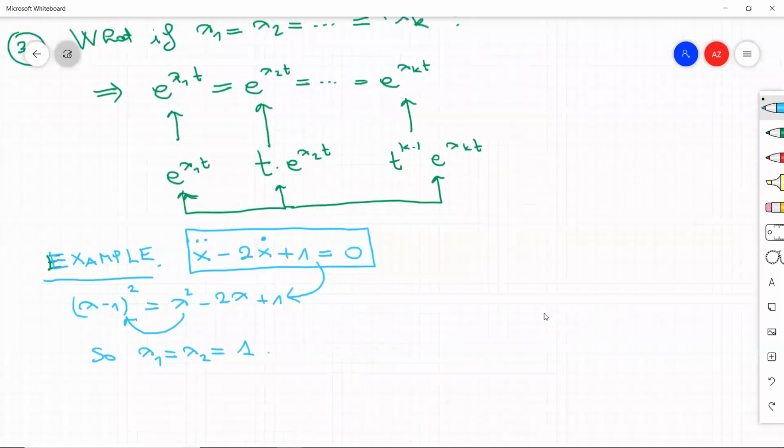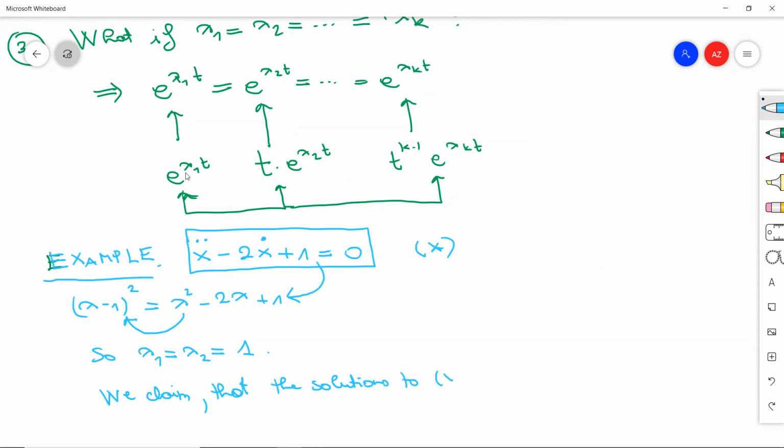So that means that this case 3 applies, and I claimed above that the solutions are e to lambda 1 t. So we claim that the solutions to the differential equation star are e to lambda t, which is e to t, and t times e to t.